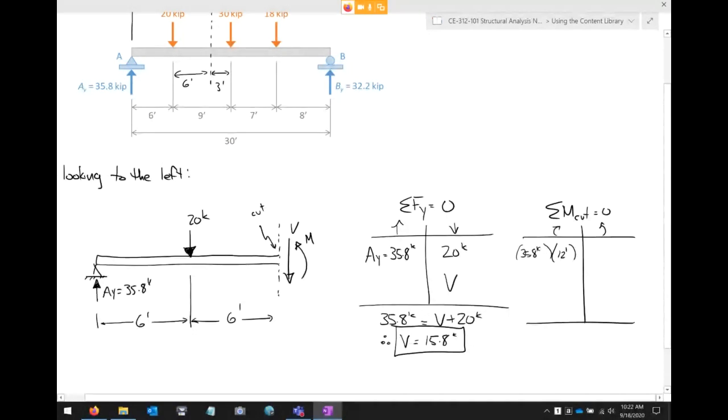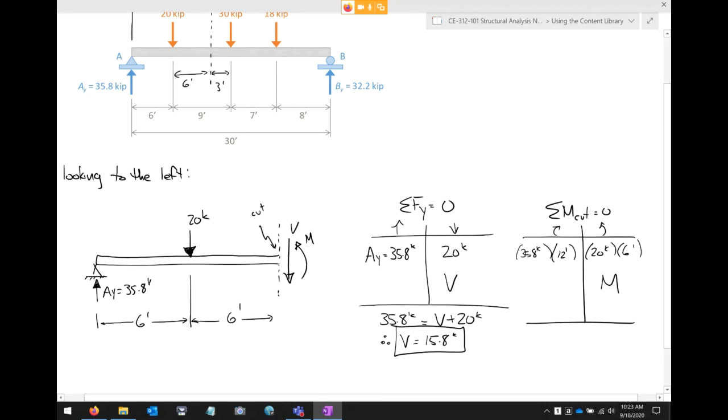Now, the 20 kips generates moment in the opposite direction, and that's 6 feet. And then we've got our unknown moment. Do we consider the V, the unknown shear? No, because it's going right through the cut, so the moment arm is 0. So we don't consider that. And so we've accounted for everything.